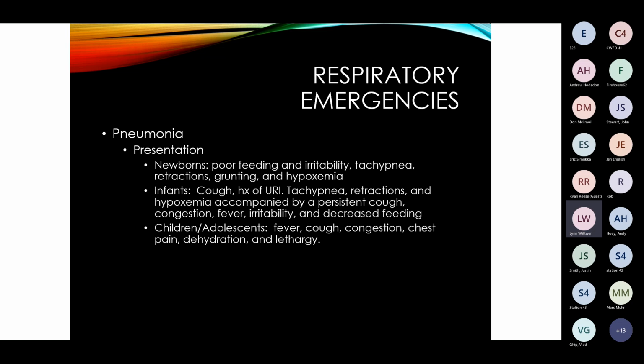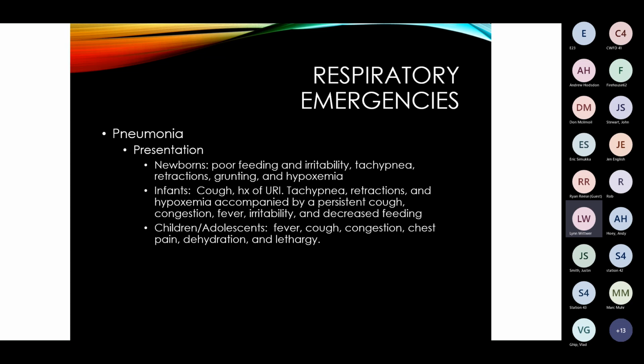But if they get a pneumonia, it's characterized by poor feeding and irritability with tachypnea, retractions, grunting, and hypoxemia. So you would look at your pediatric assessment triangle and say, yep, this is a sick kid and he's having trouble with the retractions, and grunting, and hypoxemia.